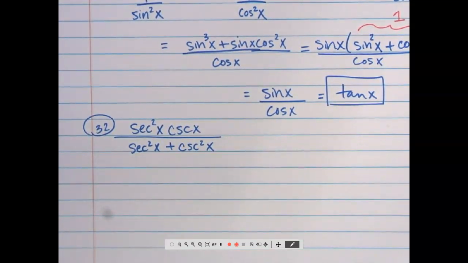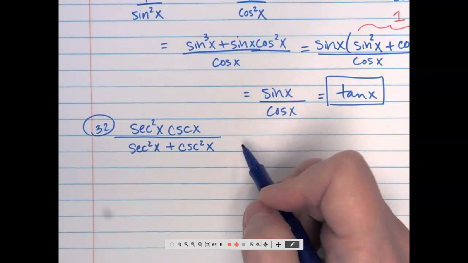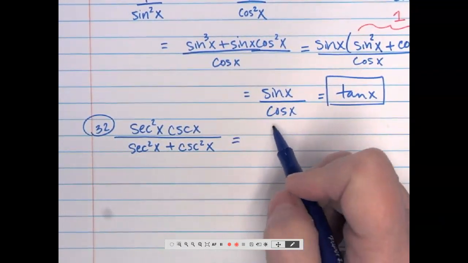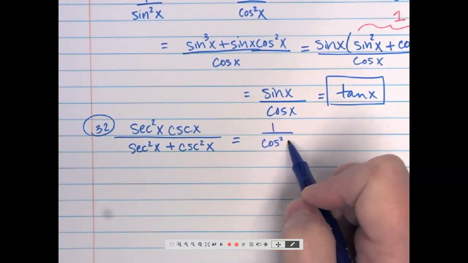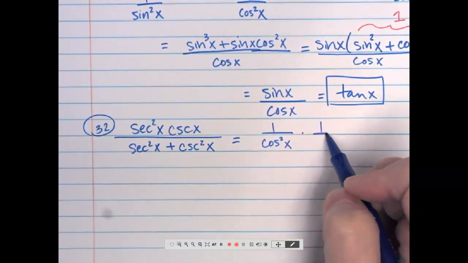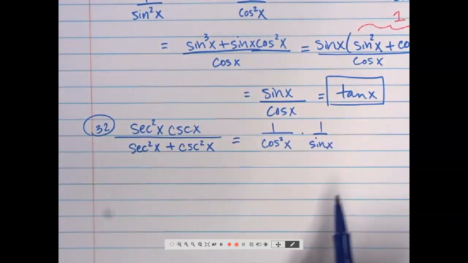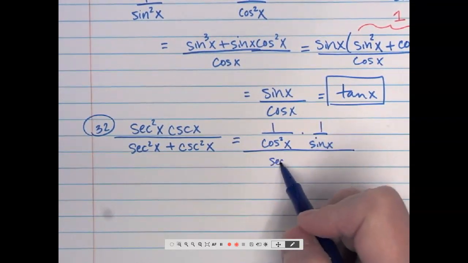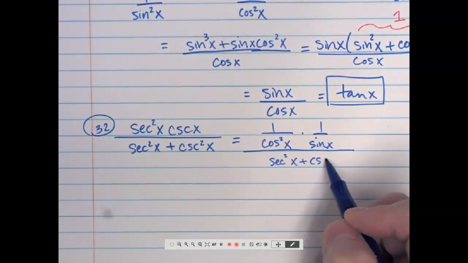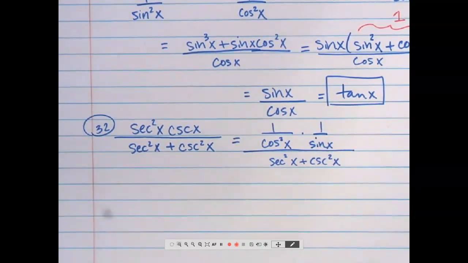Let's see. Any ideas? I'm just kind of thinking out loud here. This is 1 over cosine squared times 1 over sine over that.